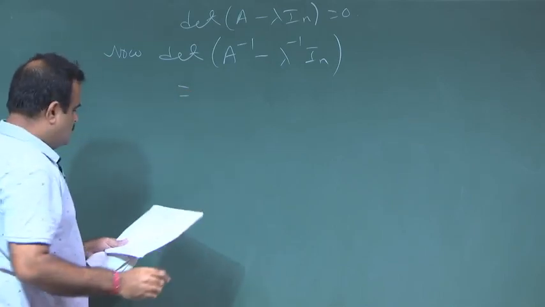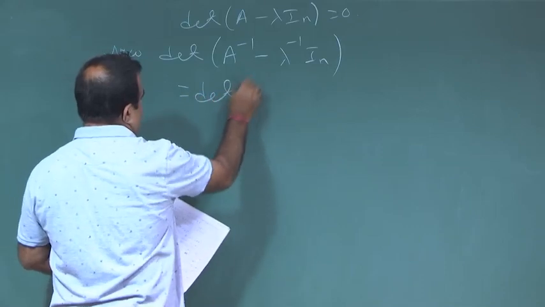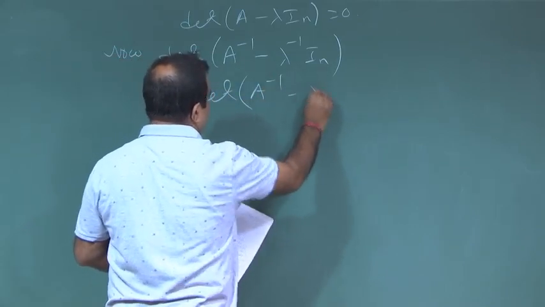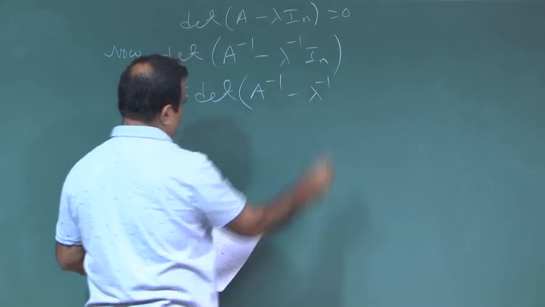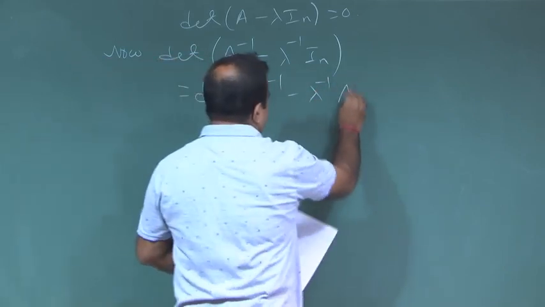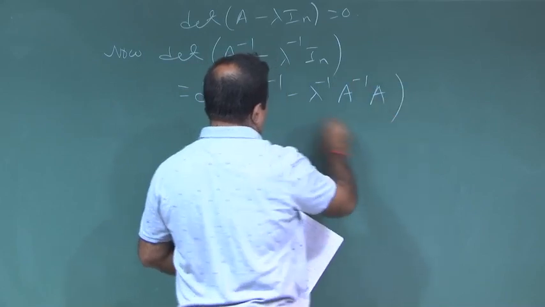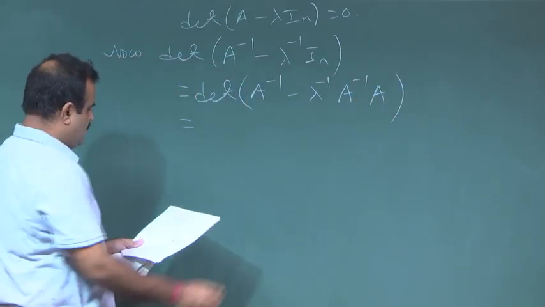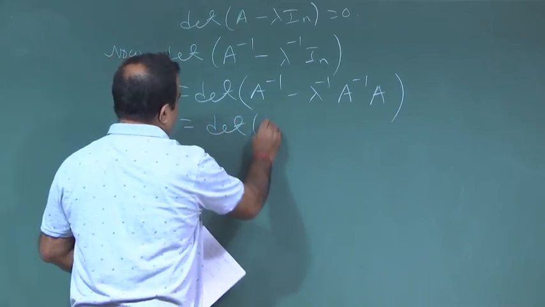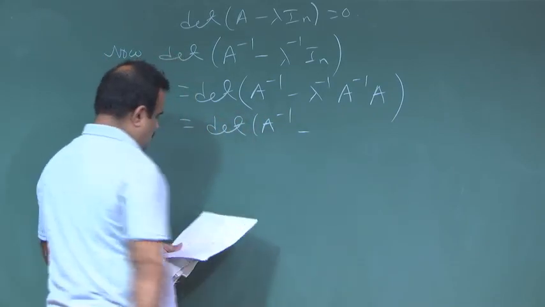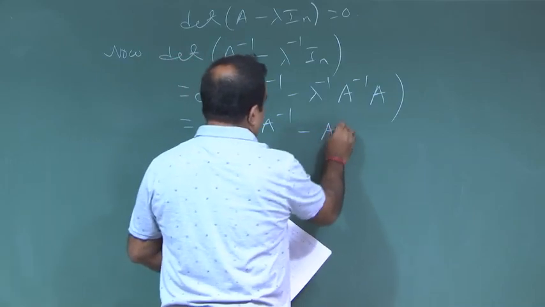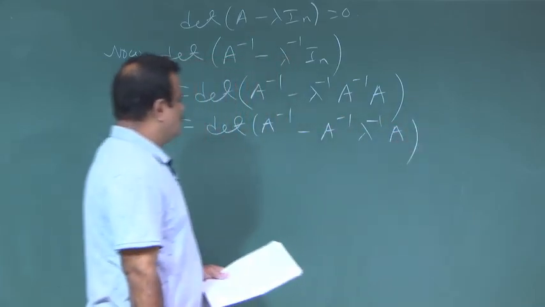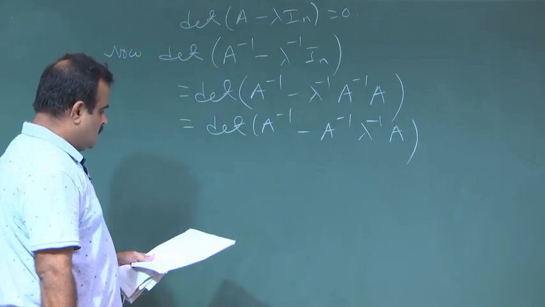So, what is this? This is nothing but det of A inverse we keep, and here we write lambda inverse. Now, A inverse A is basically the identity. So, now this we will write as det of A inverse minus A inverse lambda inverse A. Lambda is a constant, lambda inverse is a constant, we can write this as this.